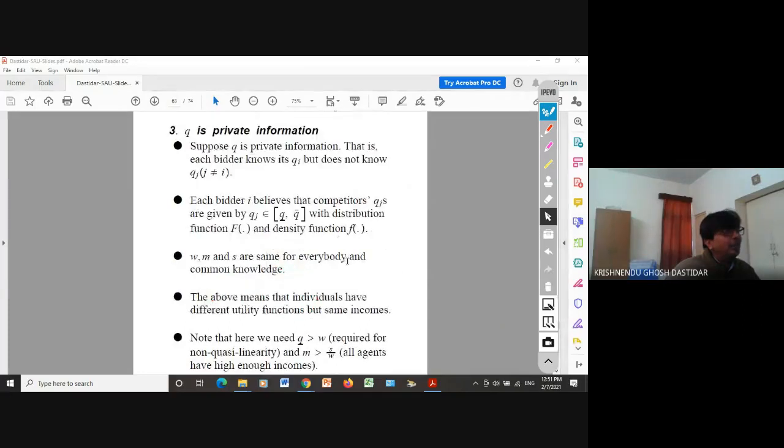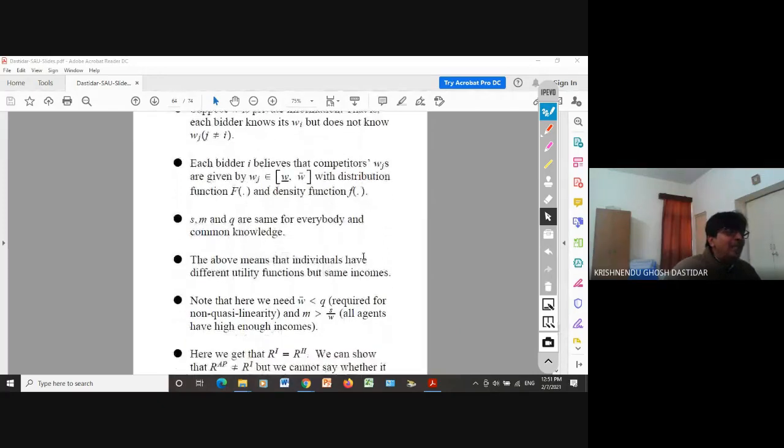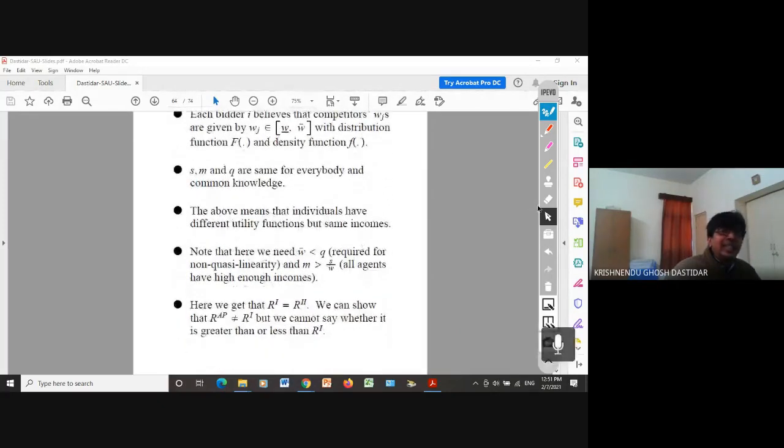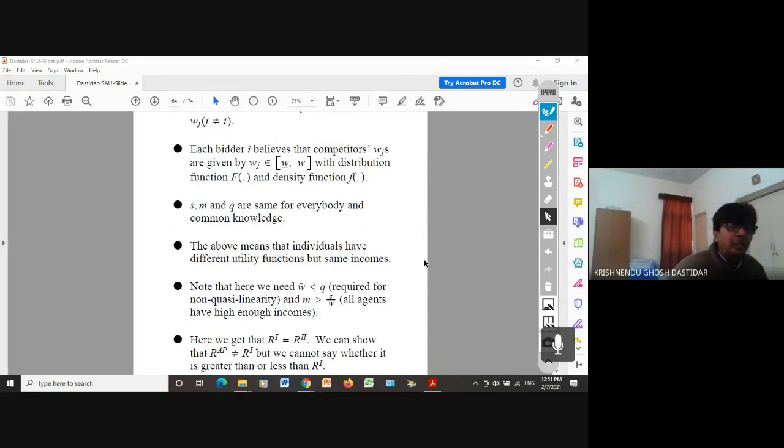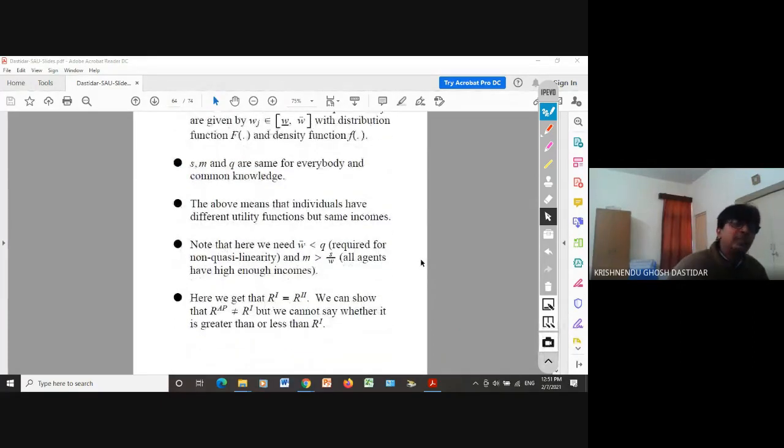What happens when W is private information? Well, the answer is it's exactly the same as the case when Q is private information. Recall that W is the marginal utility of X when you don't consume Y, and Q is the marginal utility of X when you consume Y. If either of them is private information, the results are exactly the same.